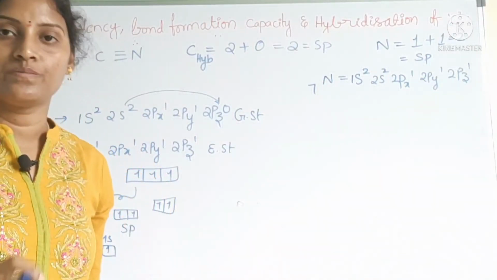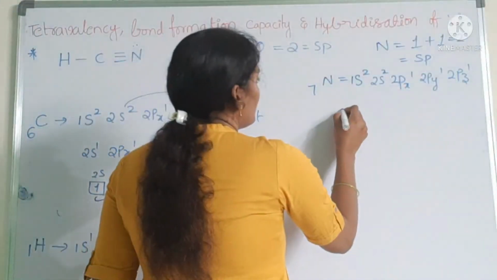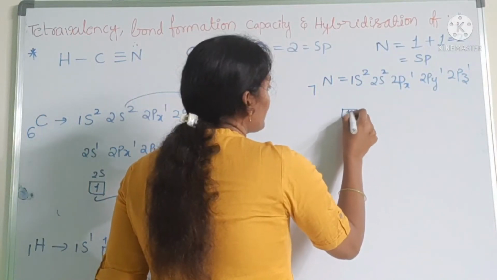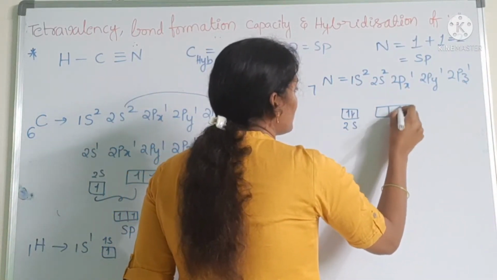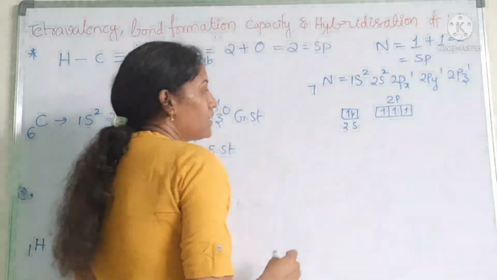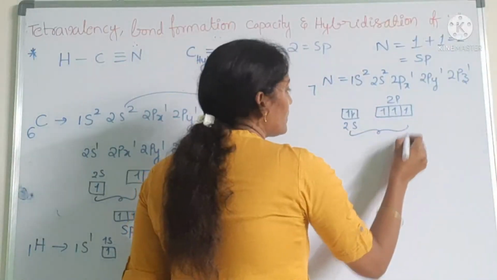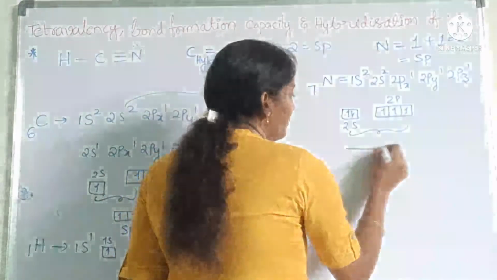See here, this is the 2s of nitrogen, and this is the 2p of nitrogen. These are involved in redistribution with each other.